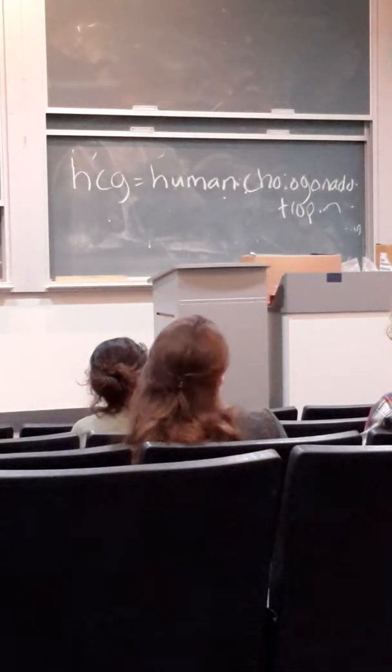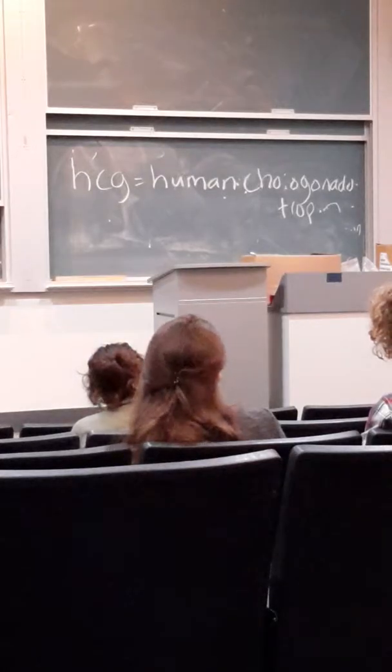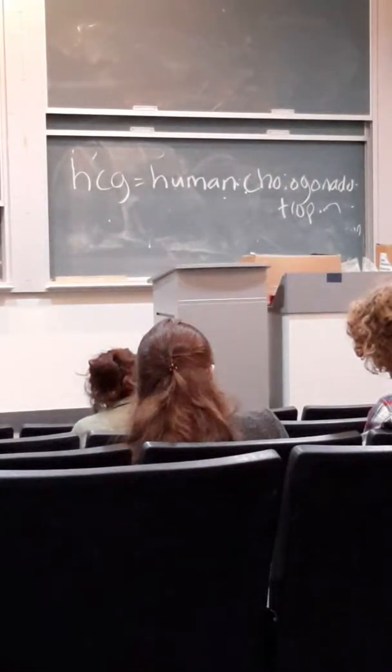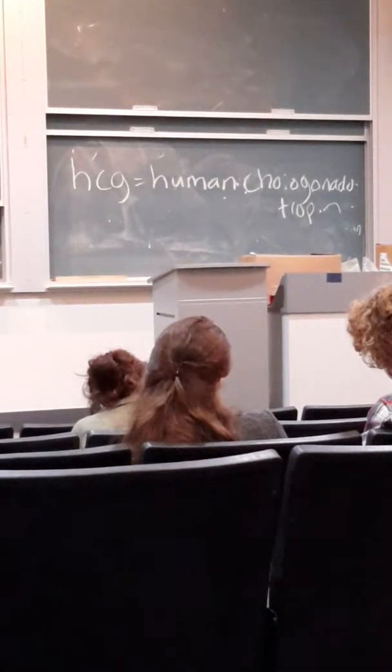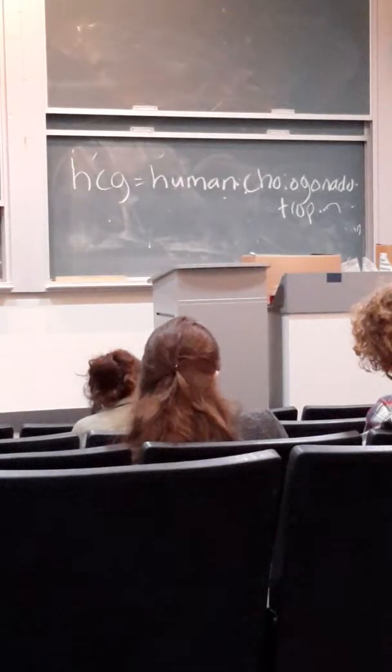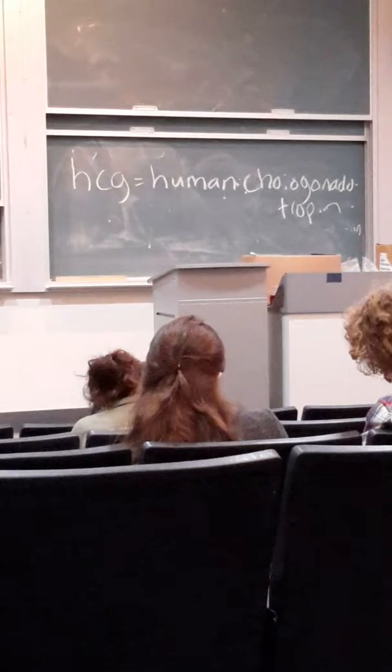It has the same alpha subunit as TSH, FSH, and LH, but it has a unique beta subunit. As far as I know, it's only produced by developing placenta. If you have this hormone, you are pregnant. I think there's some weird tumors that might produce it, but normally you only have this hormone.